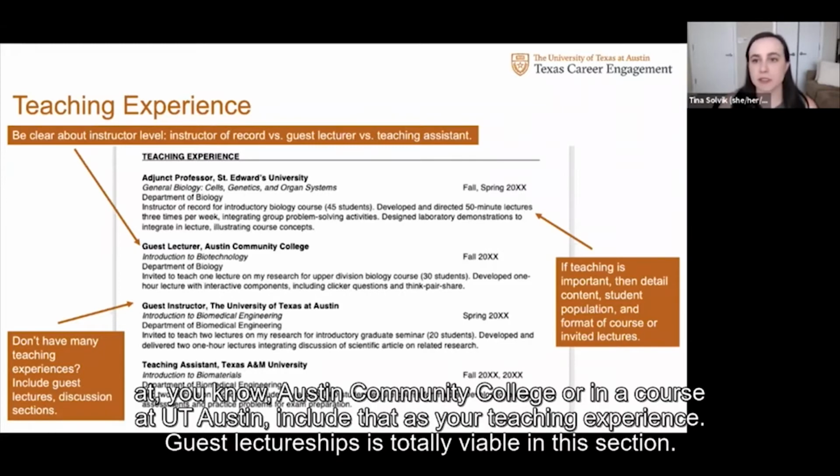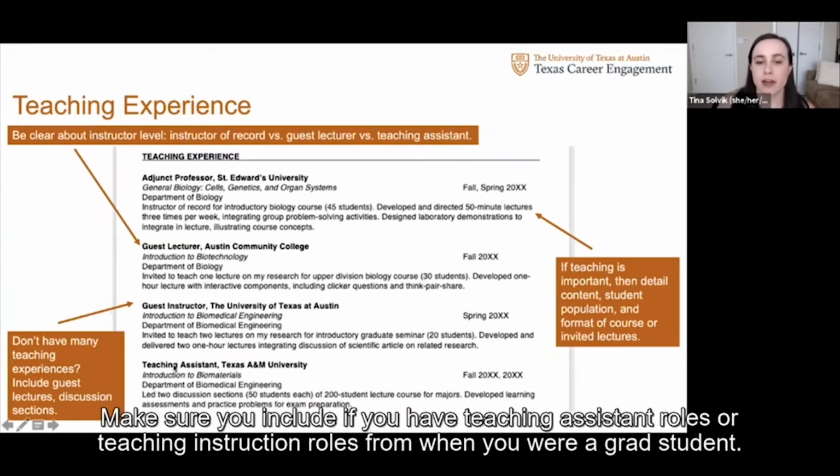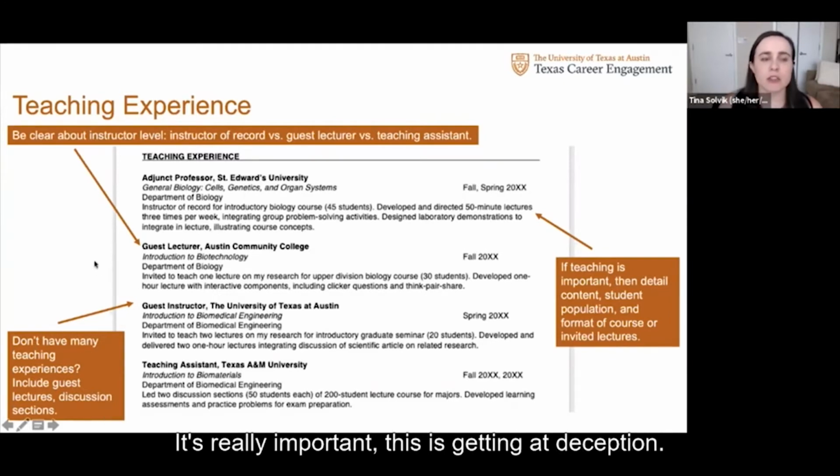Guest lectureships is totally viable in this section. And make sure to include if you have any teaching assistant roles or teaching instructor roles from when you were a grad student. So it's really important, this is getting at deception. You want to be very accurate about what your instructor level was.